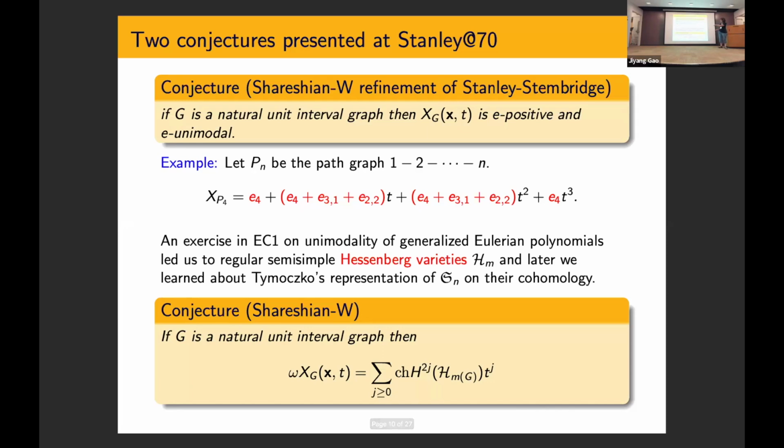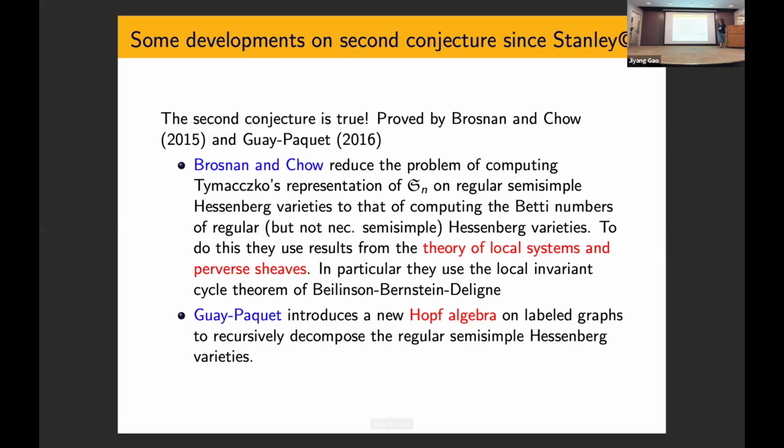So I presented this conjecture 10 years ago at the Stanley at 70 conference celebration. And it turned out Timothy Chow was in the audience and he got interested in the conjecture and he enlisted the help of Patrick Brosnan, and together they proved it.